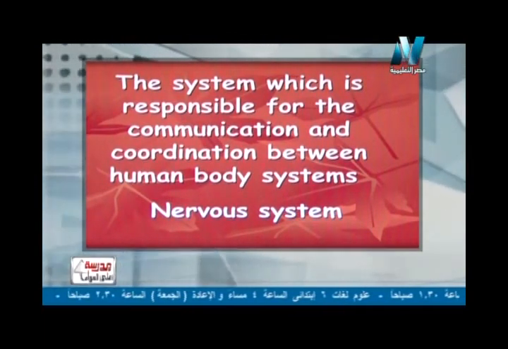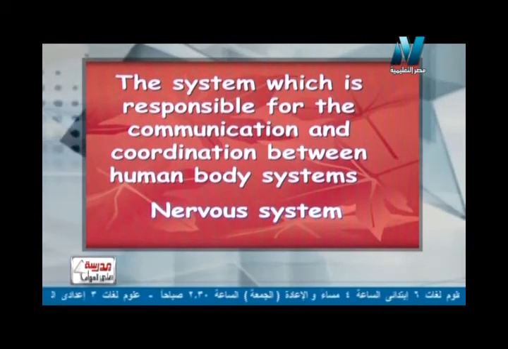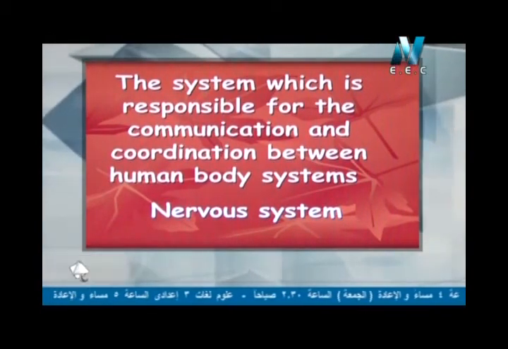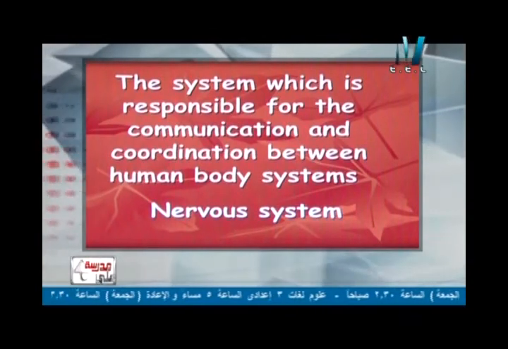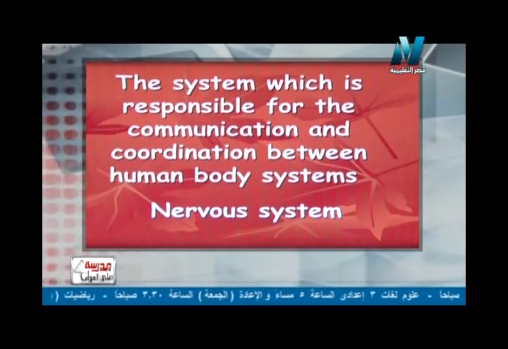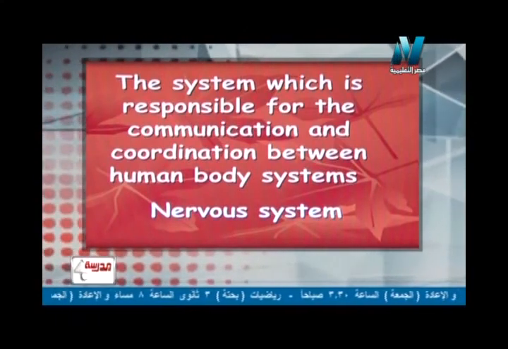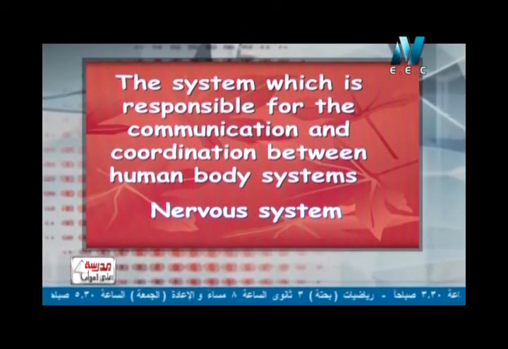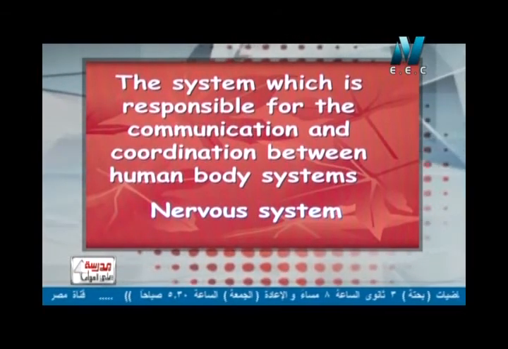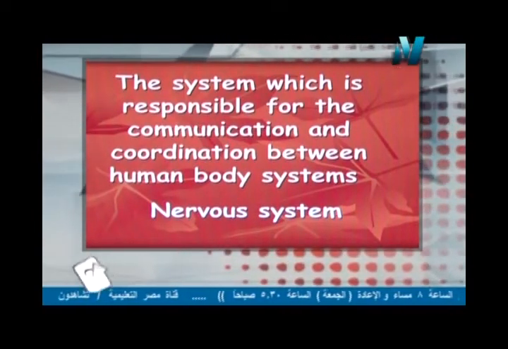Communication اتصالات بين السيستمز أو بين الأجزاء الداخلية للجسم، and coordination التنسيق اللي بيحصل بين كل أعضاء الجسم المختلفة. So again, the system which is responsible for communication and coordination between all the human body systems, it will be the nervous system أو الجهاز العصبي.